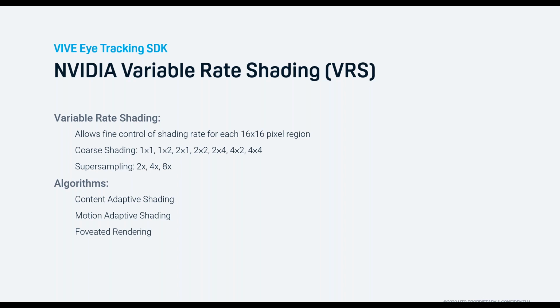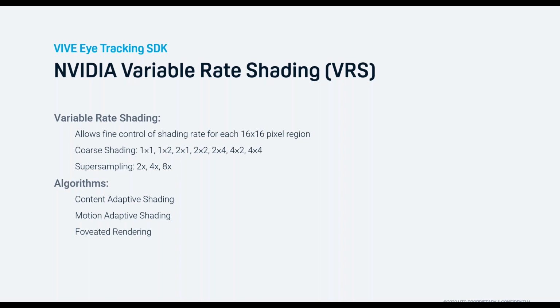Let's talk a little bit about variable rate shading. NVIDIA's variable rate shading, VRS, is a fundamental technology that is required for eye tracking and foveated rendering specifically. The variable rate shading is what allows you to change the pixel shading rate for different regions of the screen.